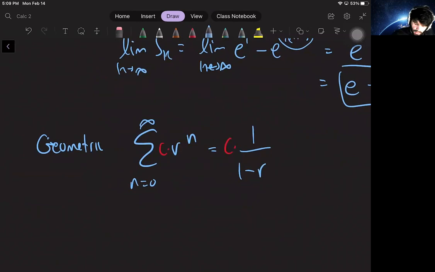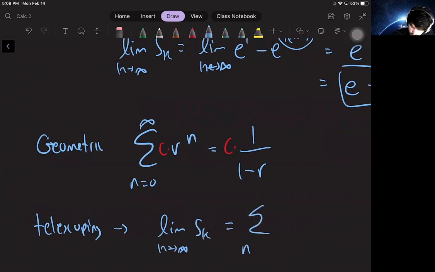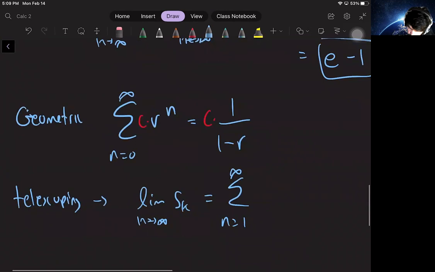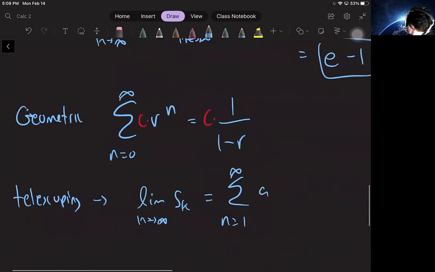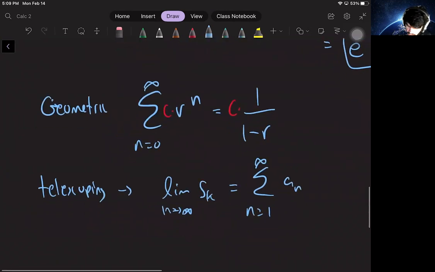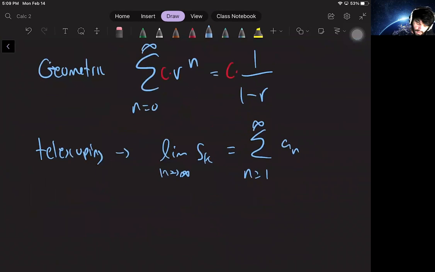If it's telescoping, then you can take the limit of the partial sum to figure out the answer of whatever it is. It doesn't have to start at 1, I just happened to start these ones at 1, but it started at something else. The point is that if it's telescoping, you can just do the limit.